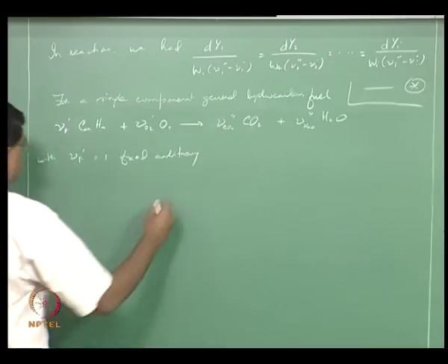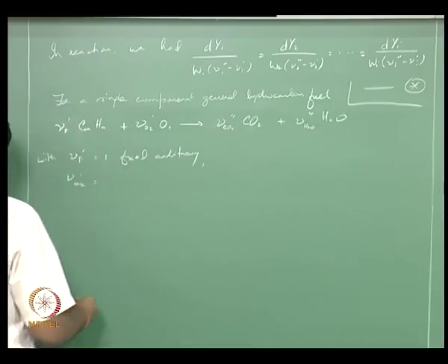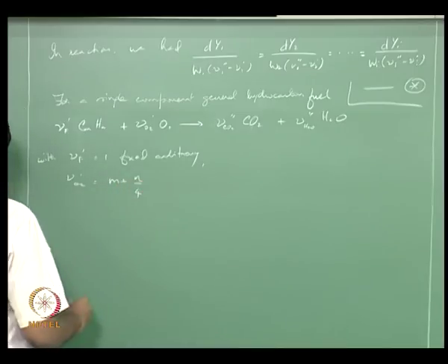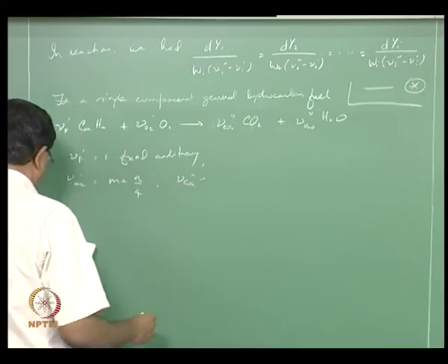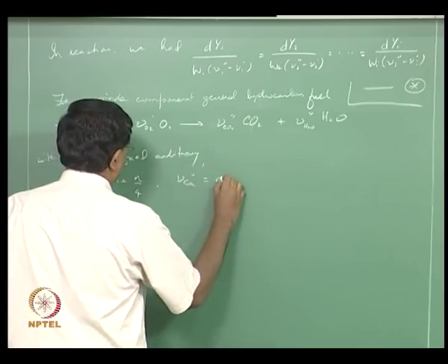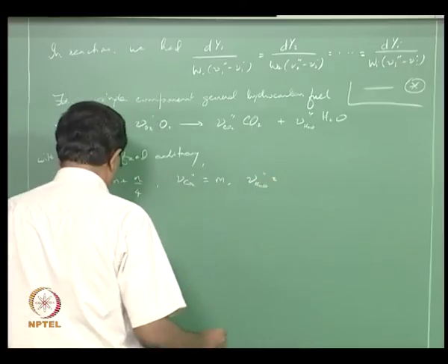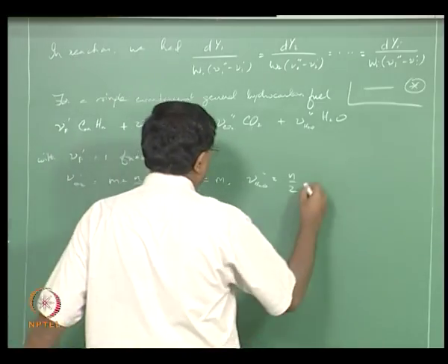We could get nu O2 single prime equal to m plus n divided by 4, nu CO2 double prime equal to m, and nu H2O double prime equal to n over 2 as stoichiometric coefficients.